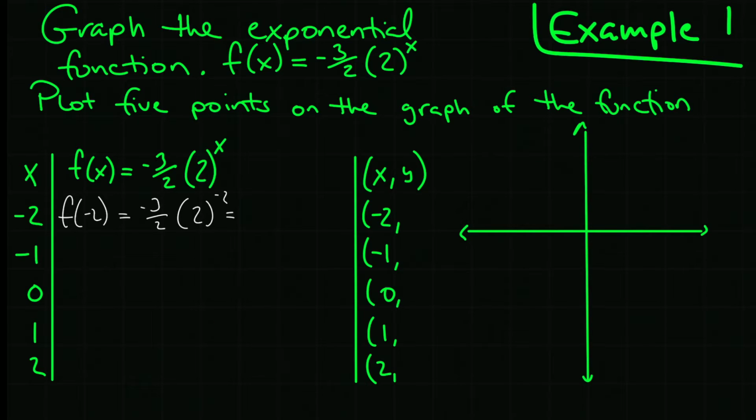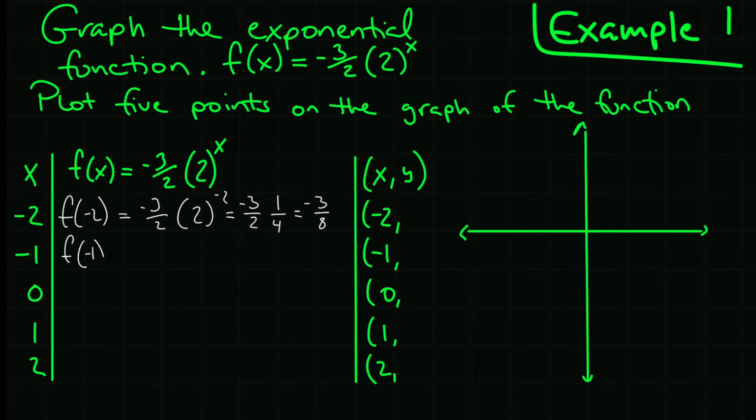Remember, we're dealing with a negative exponent, so we're going to move that to the bottom and make it a positive. So really that's going to be -3/2 times 1/2 squared, which is 4. So that's going to be -3/8.